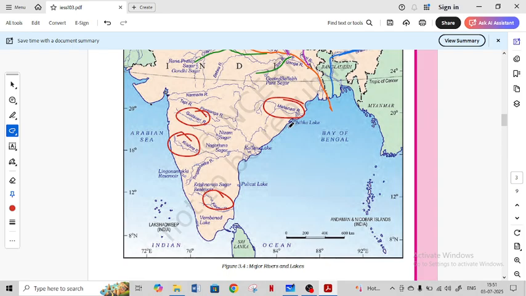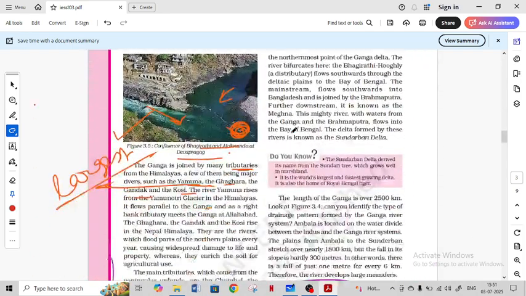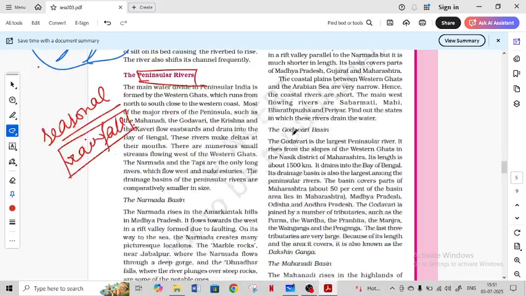They still have a huge amount of water, but the largest quantities of water are mostly in the rainy seasons. That's why they are seasonal. They are not snow fed. There is no question of snow because they do not originate from glaciers. They originate from regional lakes and sources of water.